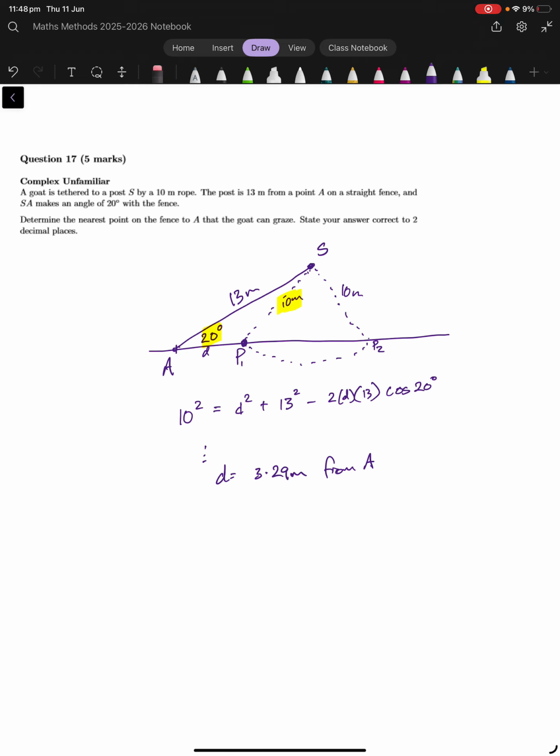If I open the graphing calculator, I'm pretty sure if I just put that in as x squared plus what I've got, 13, so that's just 26x multiplied by cosine of 20, and I have to tell Desmos I'm working in degrees.